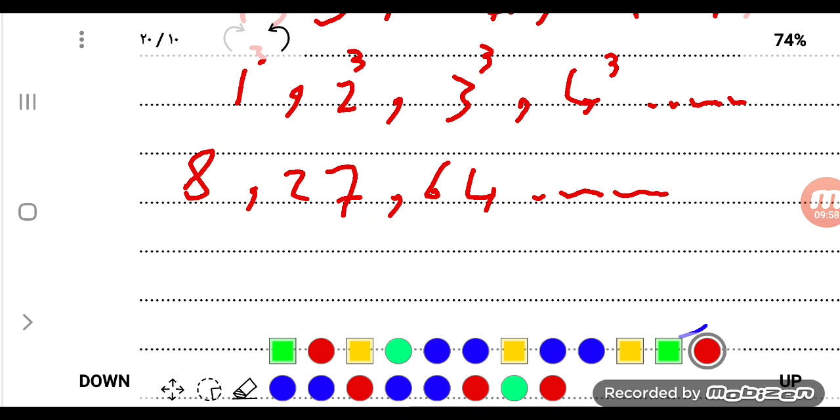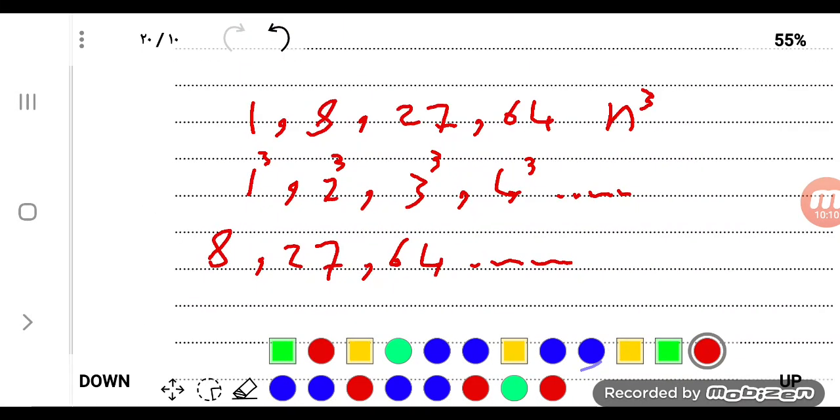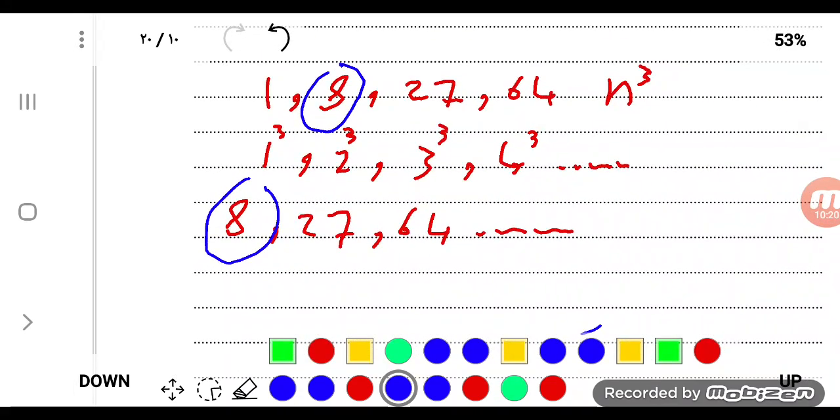Clearly, this sequence is very similar to the first one, but it starts with 8, which means the second term of the first sequence is the first term of this sequence. So I need to add 1 to the n here, so I get n plus 1, cubed.